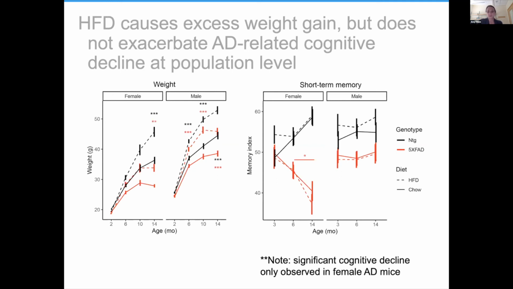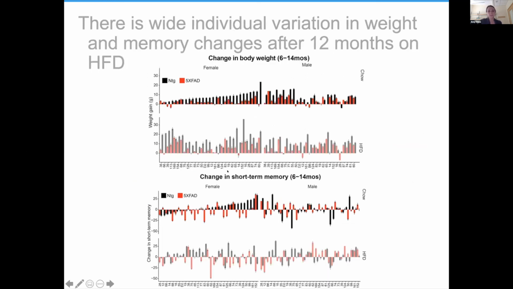But of course, one of the strengths of this population is that we can look at how each individual strain responded to high-fat diet. So that's what I'm showing here. I'm showing a change in body weight between 6 and 14 months of age and a change in short-term memory function over that same time period.